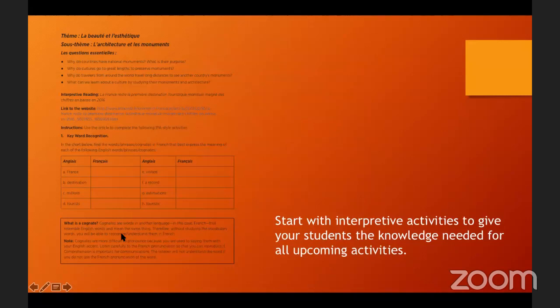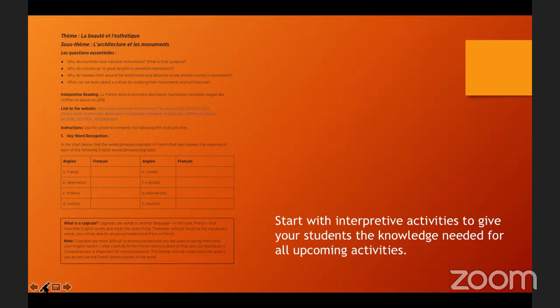You have to start with the interpretive activities. That's the input. It gives you the vocab, it gives you the grammar, it gives you something to talk about. When you go through the unit, it'll start off with an interpretive, whether it be reading or listening or viewing.